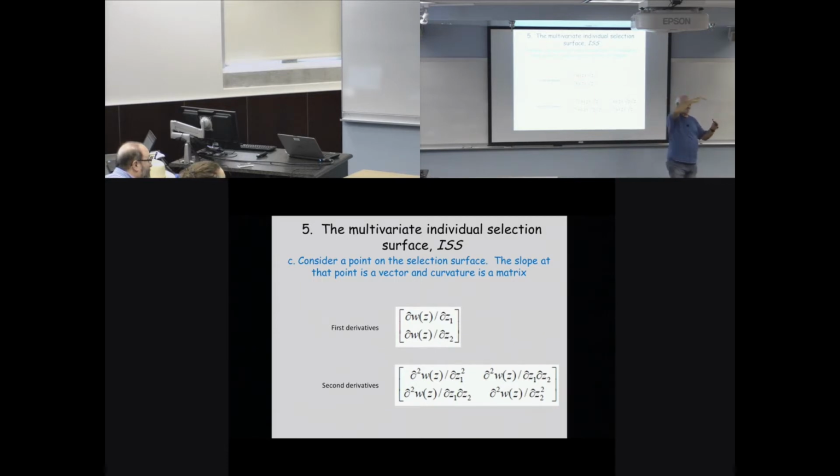There's a curvature term, the second derivative, in trait 1, and a curvature term in the second trait dimension. Then there's a less obvious orientation parameter that tells you how you torque in 2 dimensions. This multivariate off-diagonal term tells you about the orientation of the whole surface, and it's the term that has to do with affecting covariances between traits. It's the term that is interesting to us if we like to think about integration of traits.